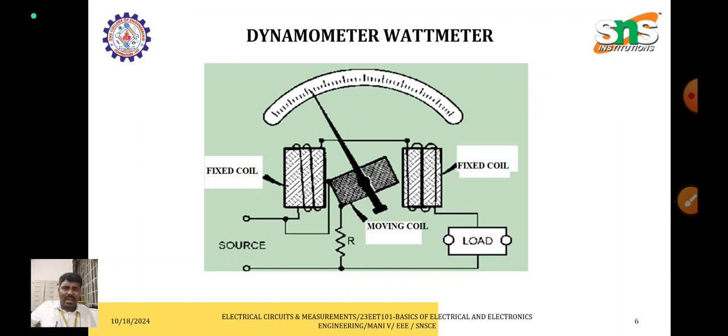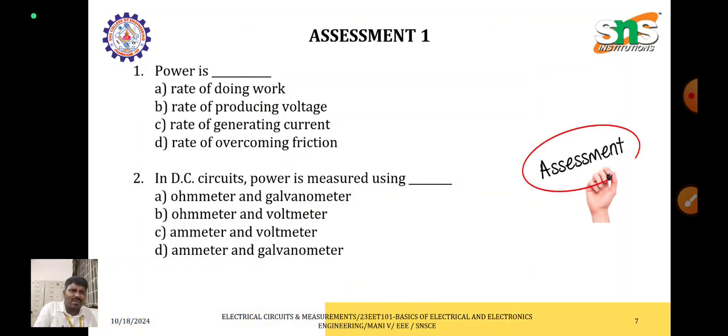So according to the current division rule, the current coming from the line is not diverted into the voltage coil. Without diversion, 99% of the current is supplied through the current coil into the load, so the meter does not consume any electricity. It consumes only a negligible amount of current. So this is the assessment.